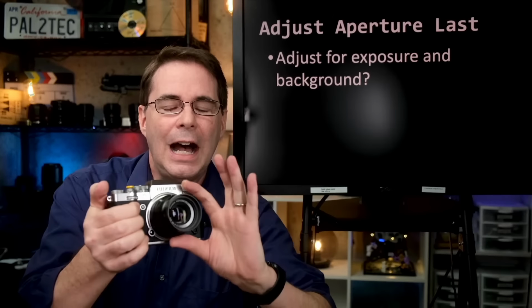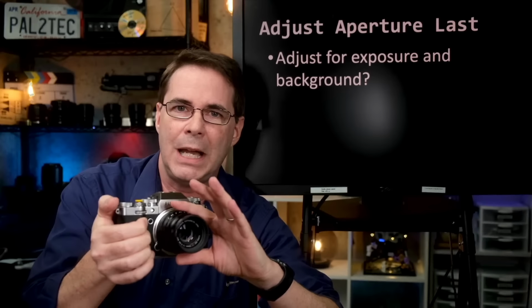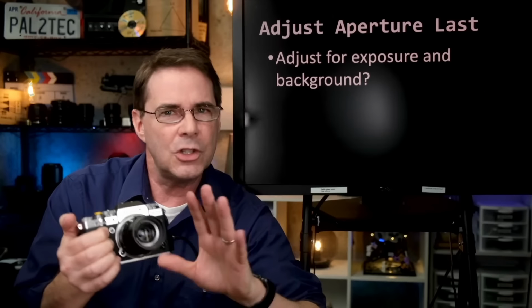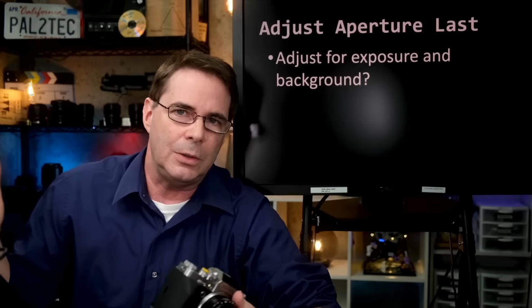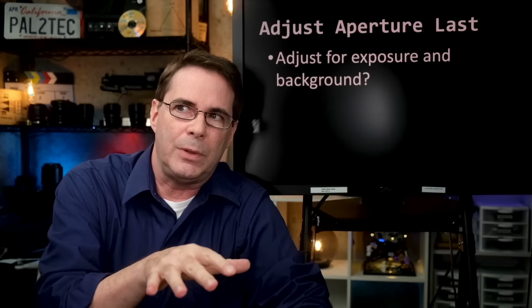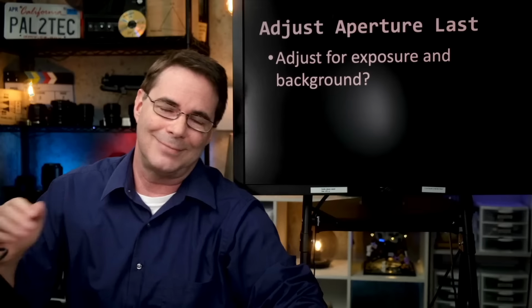And finally, I adjust my aperture so that I can decide how much of my video should be in focus or not. That's generally the way I do it. And if you've never really gotten into video with Fuji before, I recommend giving that a try and seeing how that works for you, okay?